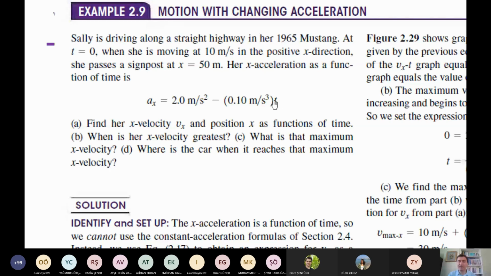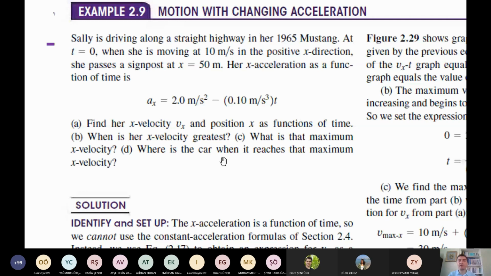Then Sally will start slowing down. So the question asks, what is her x velocity? Another part: what is the maximum x velocity? The last part: where is the car when it reaches that maximum x velocity?